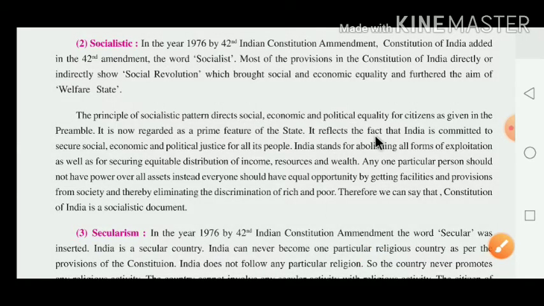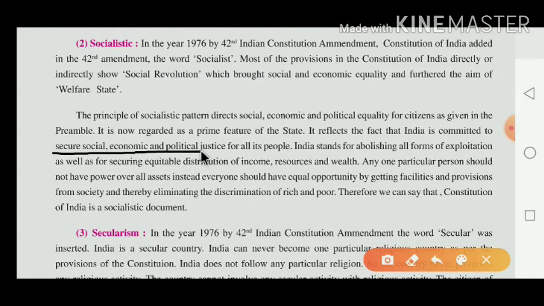It reflects the fact that India is committed to securing social, economic and political justice for all its people. Due to this, these things were included in the Indian preamble, and it gives one kind of commitment to secure social, economic and political justice for all its people.